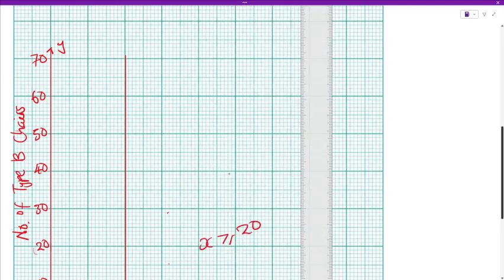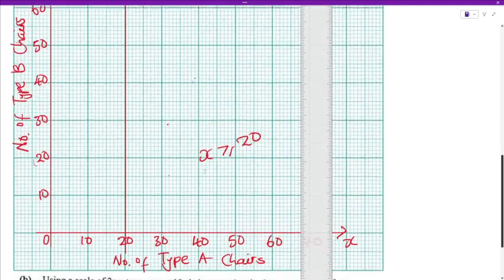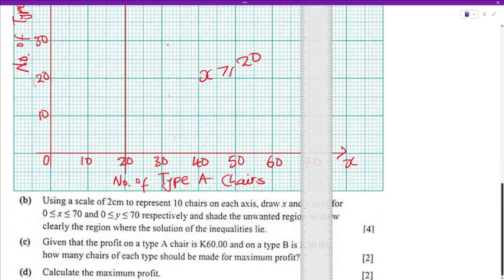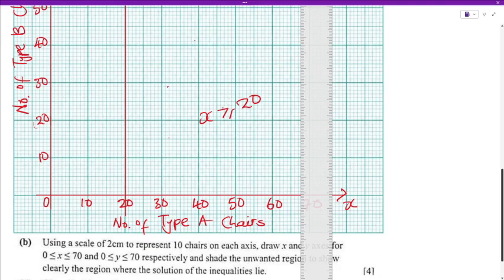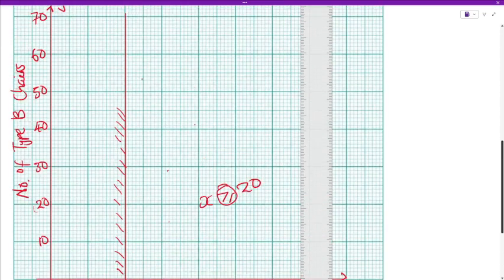So this one says x is greater than or equal to 20. So what they want is the greater part, which is heading this side. So we need to stay away from this side. So we are shading the other side. So you shade this side like that. Remember to be neat about it.